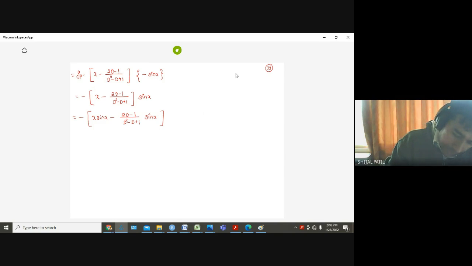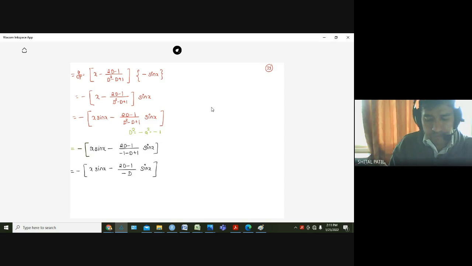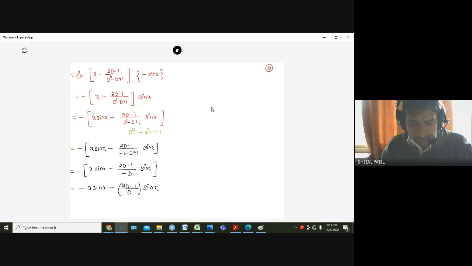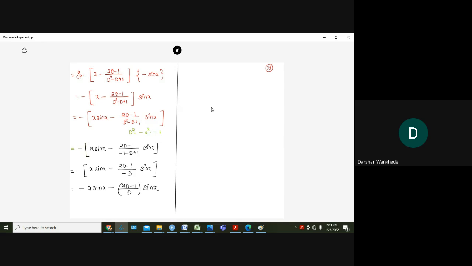Again, as usual, we have to replace d square by minus a square in a denominator only. x minus 2 sin x minus cos x.